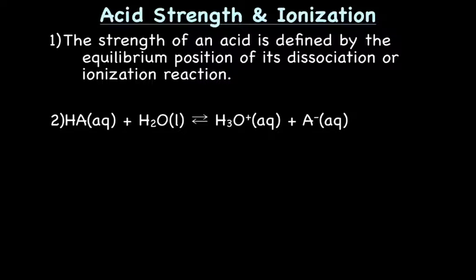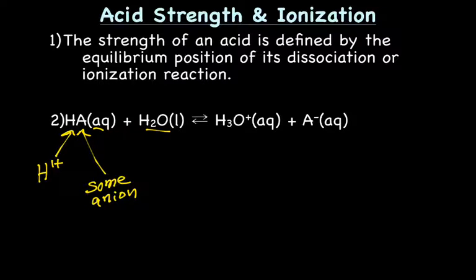Here is an ionization reaction. So we're starting with HA, aqueous, where H would be the H+ ion, and A is some anion, and aqueous because it's dissolved in water.